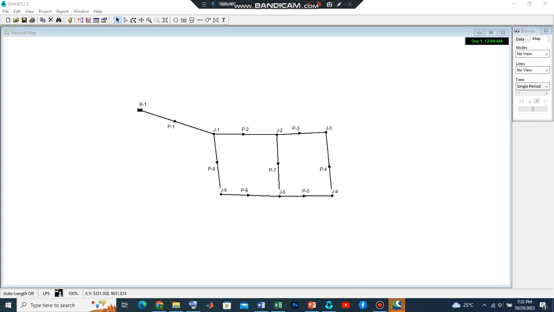Now what this means is that any value below 0.6 or above 2.5 will not be allowed within the distribution network. That means that adjustments will be made so that we can come up with values that at that stage we will regard as being optimized.